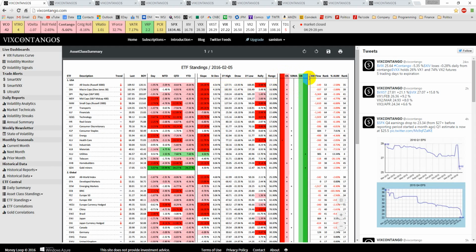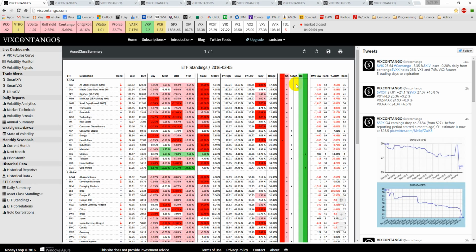This section here visually tells you where the ETF is compared to the 50-day moving average. So if this is the 50-day moving average, the white line here is 1 standard deviation below it. Between 1 and 2 standard deviations is the pink line, and the red line is more than 2 standard deviations away.